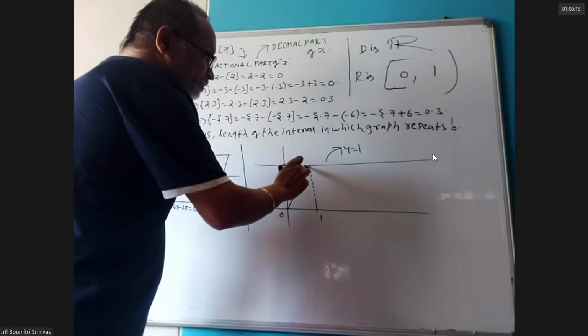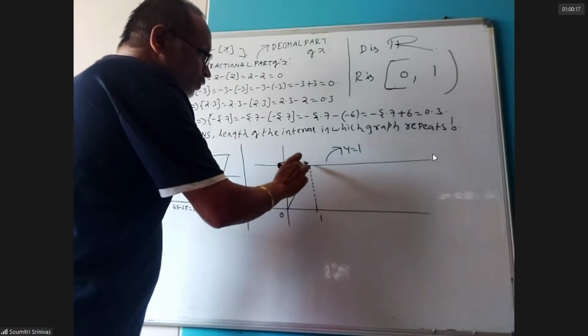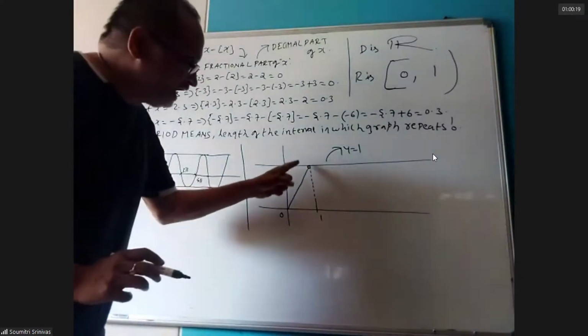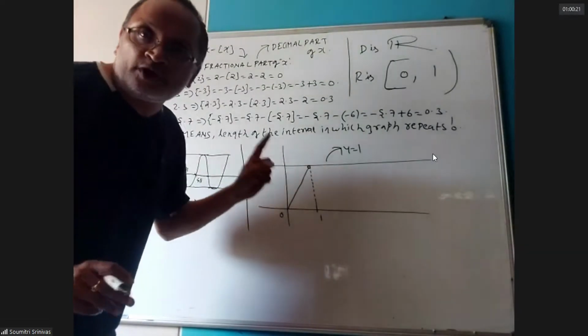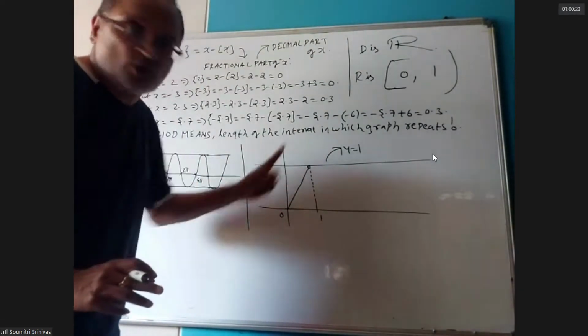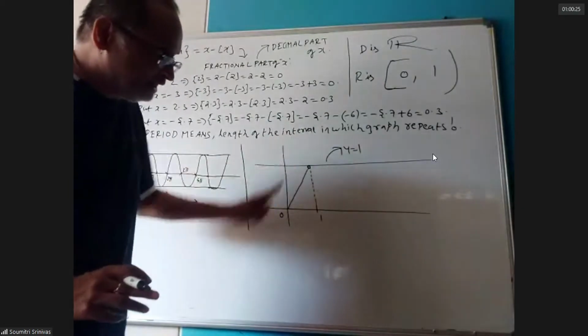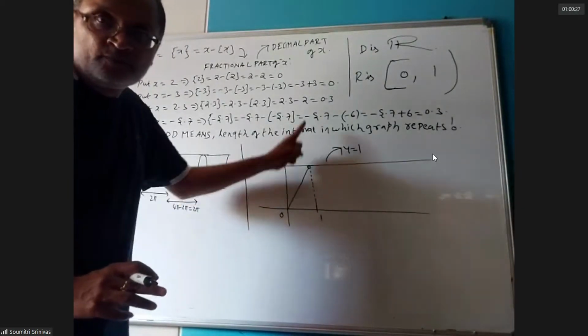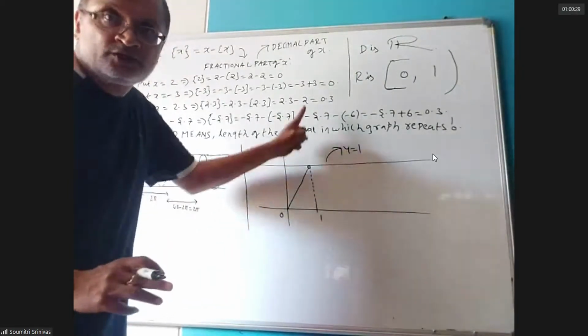Are you reaching the top? No. I had put a small hole. What does that hole indicate? It is not touching this inclined line.